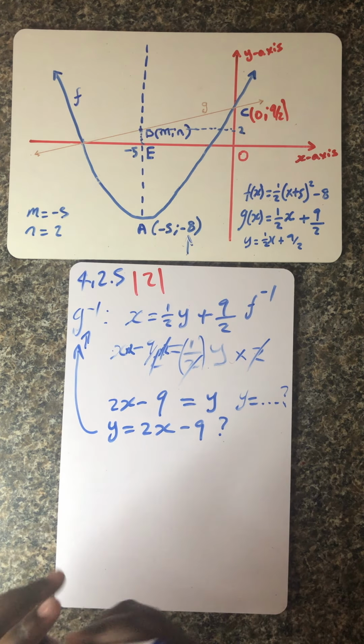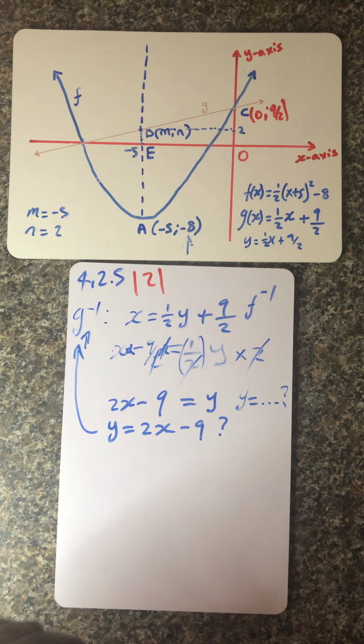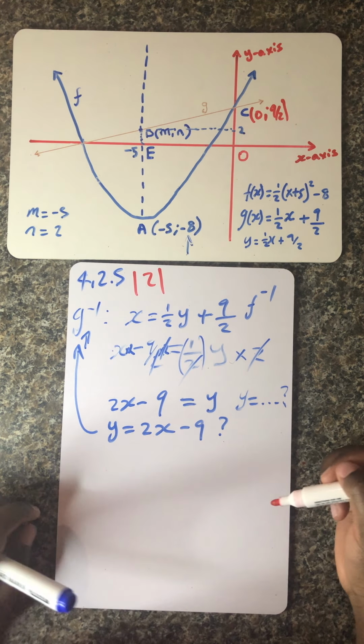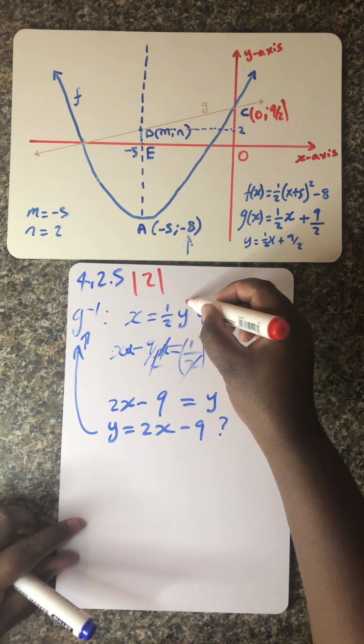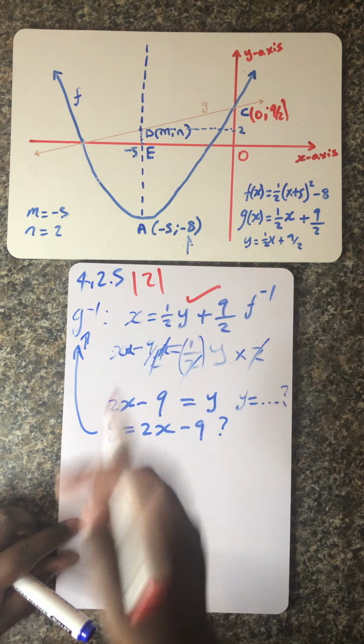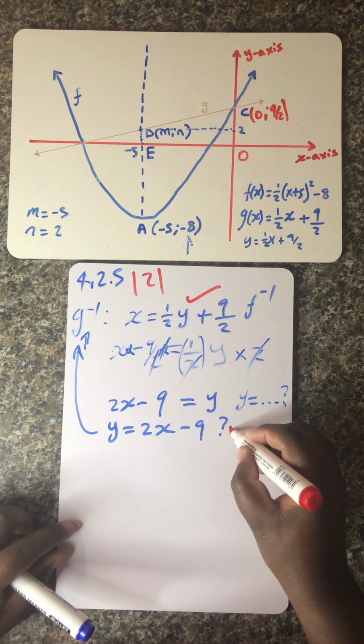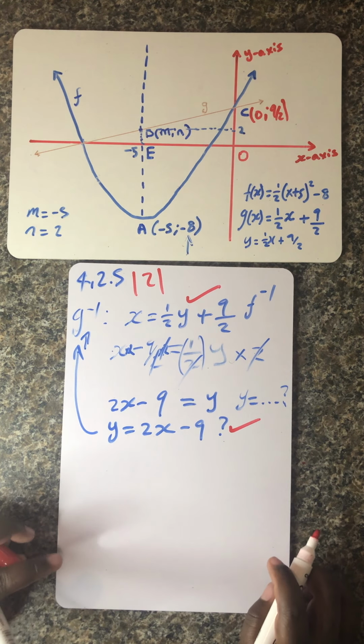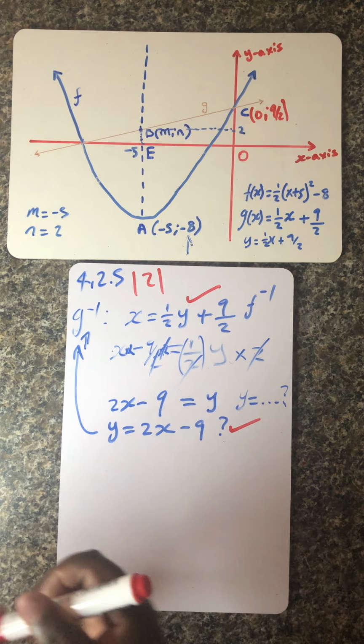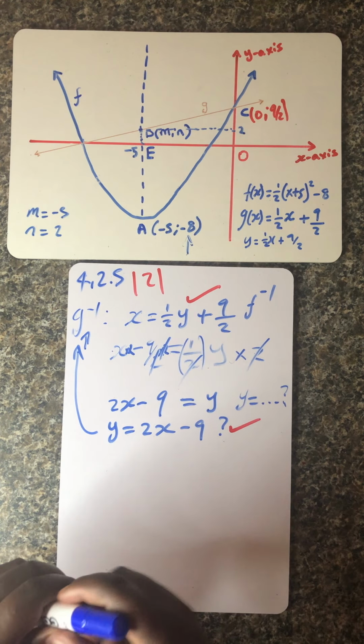Okay, so this question is allocated 2 marks. You obviously realize that they are going to give you 1 mark for just swapping. Okay, and the last mark will obviously come from your final answer. So guys, this is how you answer this question.